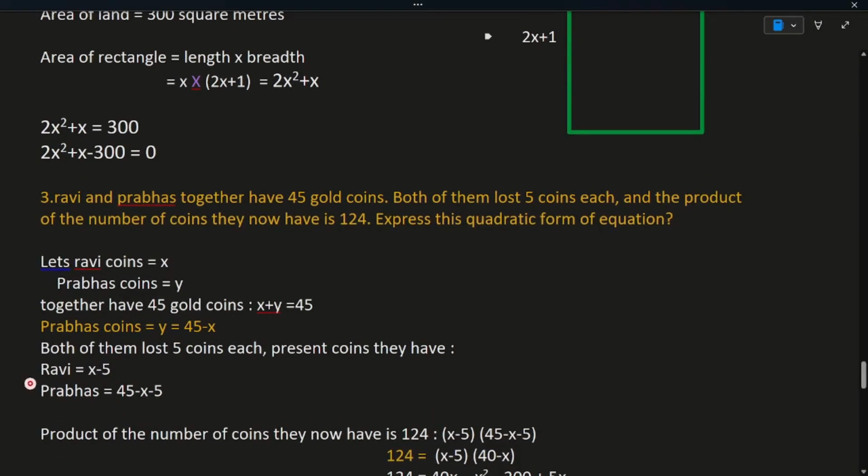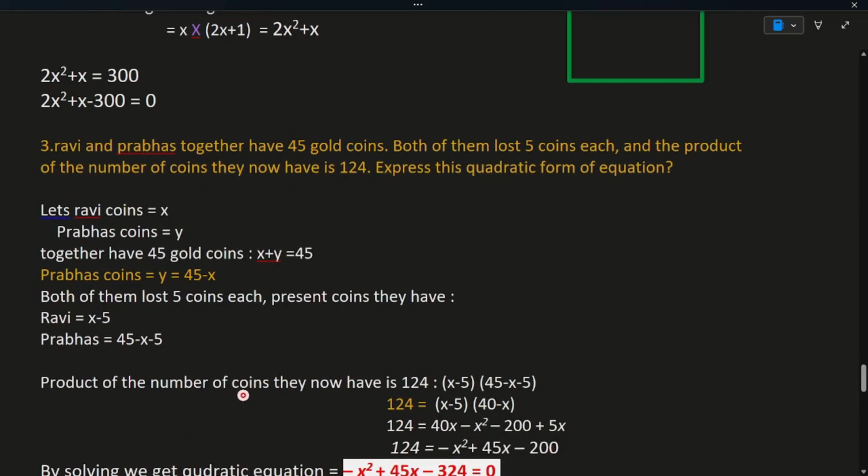So I am making x minus 5. Because initially Ravi has x coins, but he lost 5 coins, so present Ravi coins are x minus 5. Prabhas initially has 45 minus x coins, but he lost 5 more coins, so it will become 45 minus x minus 5.